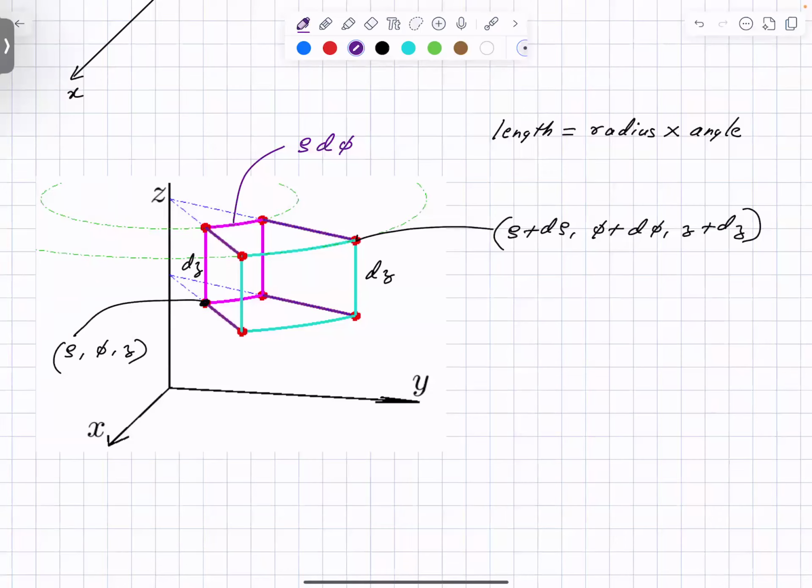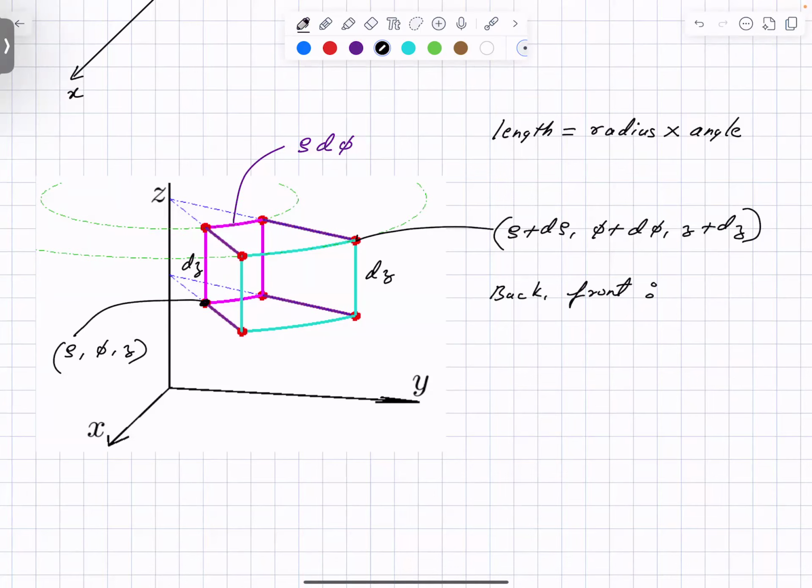So there are three types of surfaces here as well. Consider the back surface, where there is variation over z and over phi, but no variation over rho. The front surface is also of the same kind.